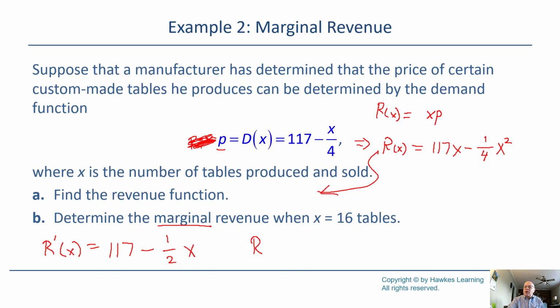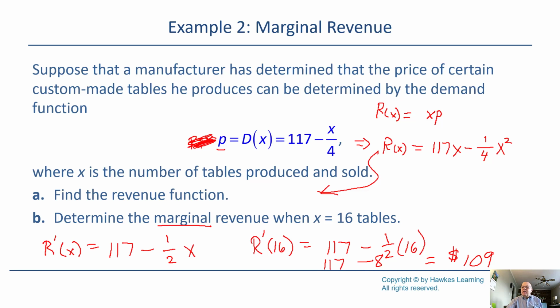What's the marginal revenue at a level of 16 tables? Just put that 16 in where the x is, just like that. So you have 117 minus, there's an 8, so our marginal revenue will be $109.